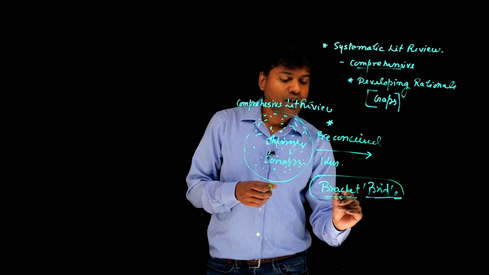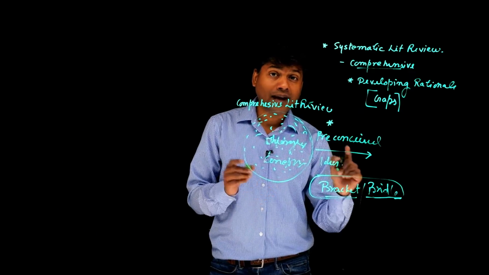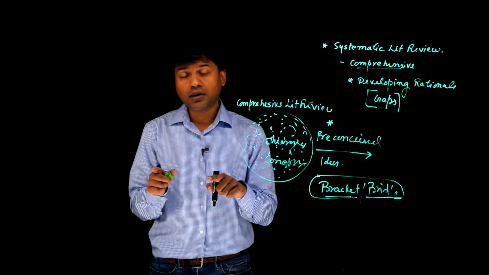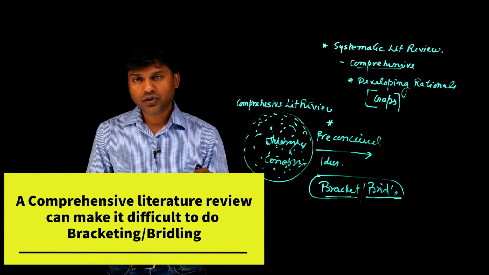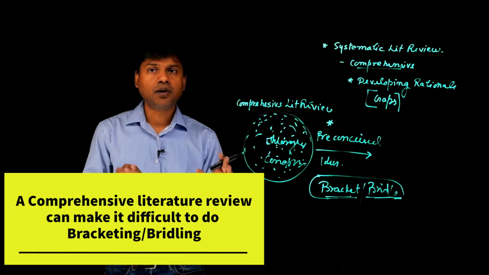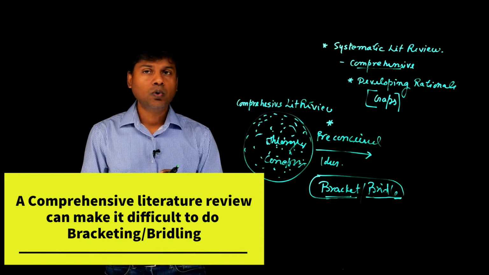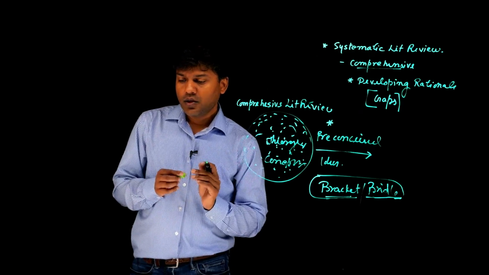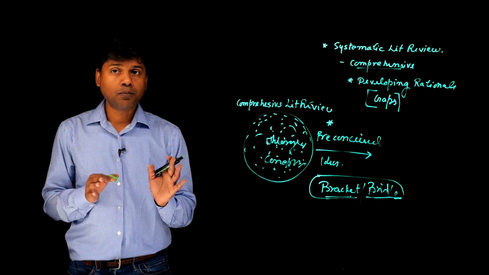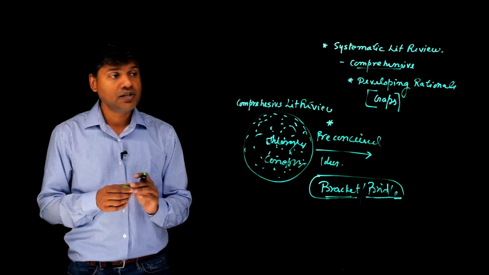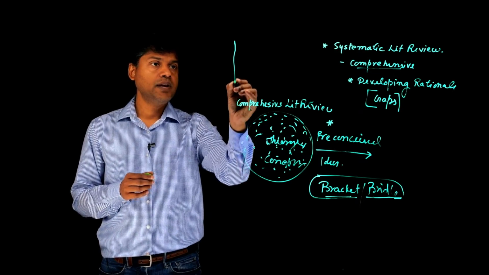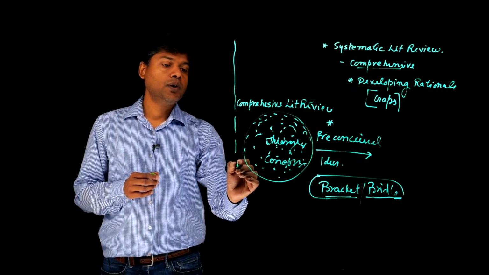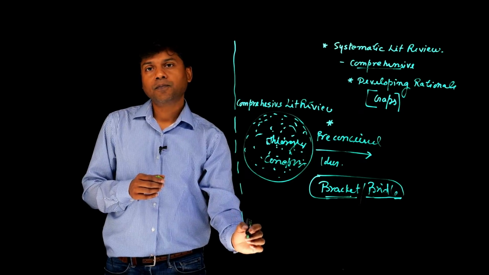So having a bracketing or bridling attitude becomes difficult if a researcher doing a phenomenological study does a comprehensive, thorough literature review. And that is why overall, no matter what approach you take in phenomenology, they suggest not to do a comprehensive lit review.